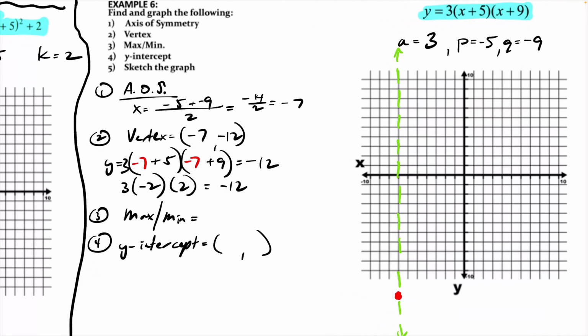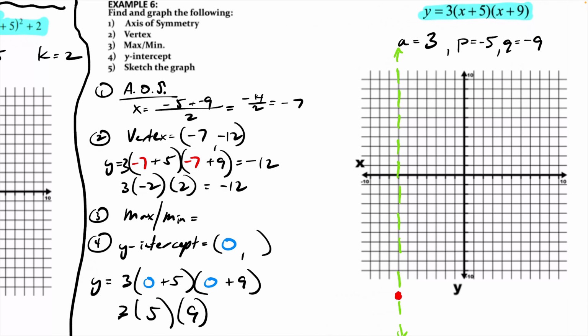Okay, so y-intercept. 3 parentheses, parentheses. We've got +5 plus 9. We're going to put a 0 and a 0, because that's what we always do for the y-intercept. So I get 5 and 9, both positive. You multiply those, you're going to get 135.